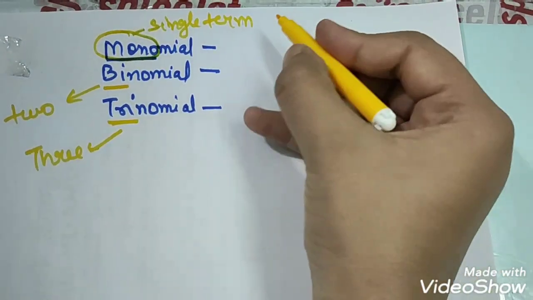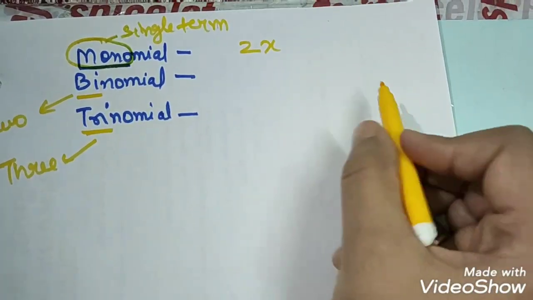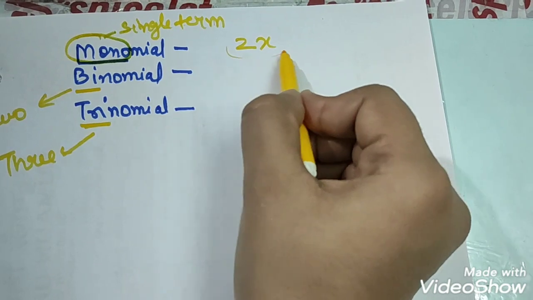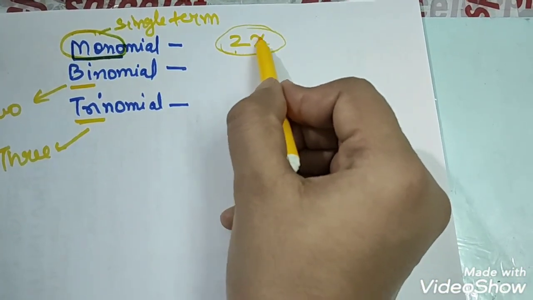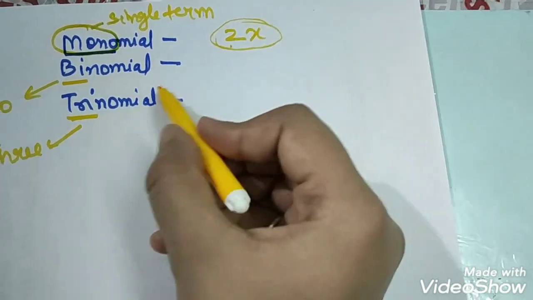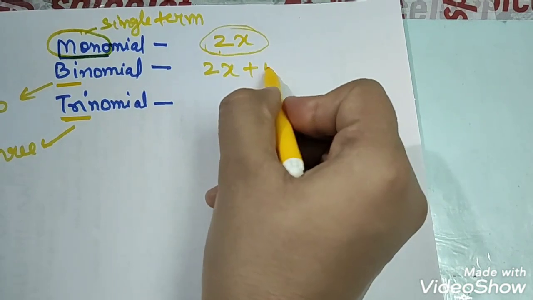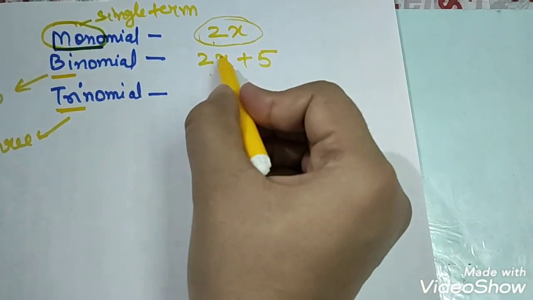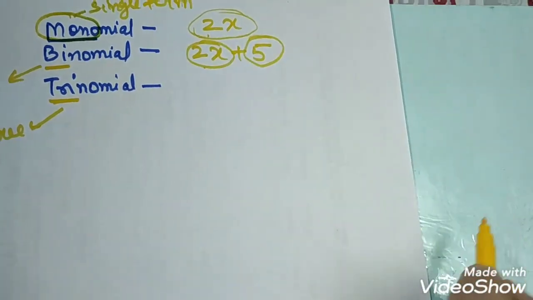For example, for a monomial, 2x: look here, it is a single term, and 2 is the coefficient of variable x. Now for the binomial, I'm writing 2x plus 5. So there are two terms: first 2x and another is 5.